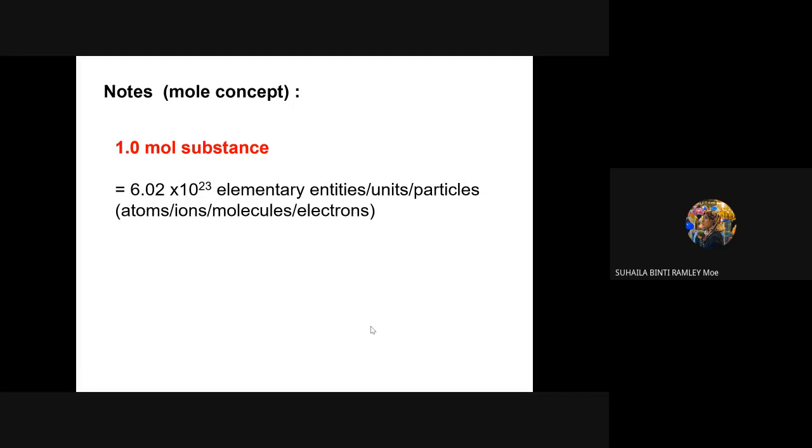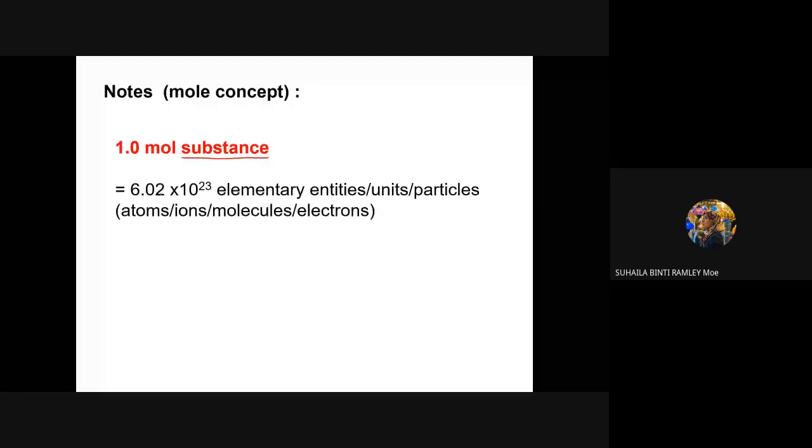So this one is interconverting between mole, atoms, ions and molecules. So 1 mole of any substance, whether it is atoms, ions or molecules, will be equal to the Avogadro constant, 6.02 × 10^23, of the elementary particle.